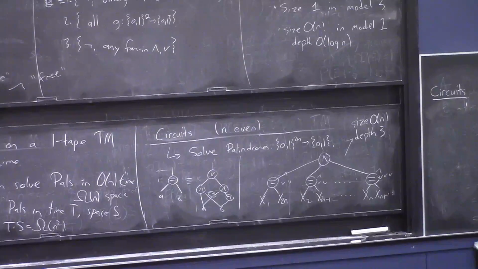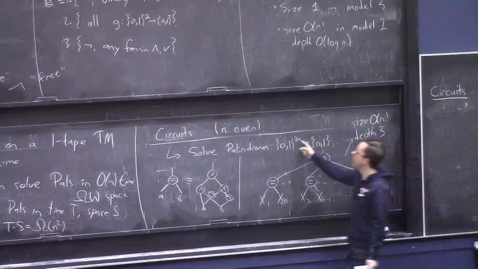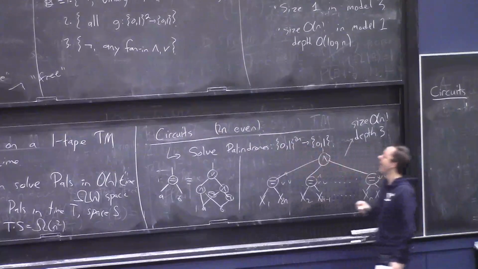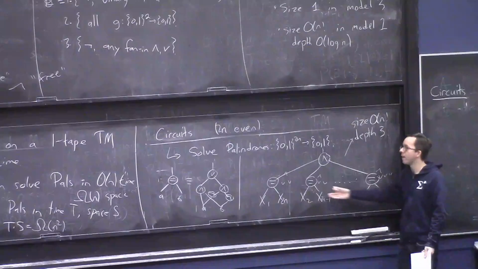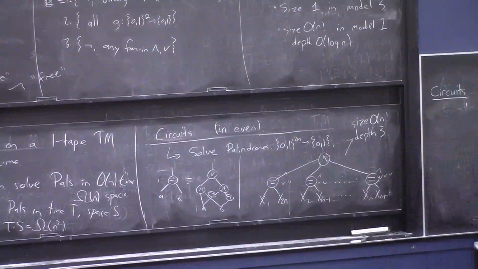OK, so now one thing about circuits, which is a little bit annoying, but we should talk about it. The way circuits are, they're only designed to take inputs of a certain fixed length, right? I mean, this circuit has 2n inputs. Whereas for Turing machines or a normal algorithm, you assume that your input is just any old length. So if you actually want to solve a problem where the input can be any old length, you need not quite just a circuit, but you need something called a circuit family.